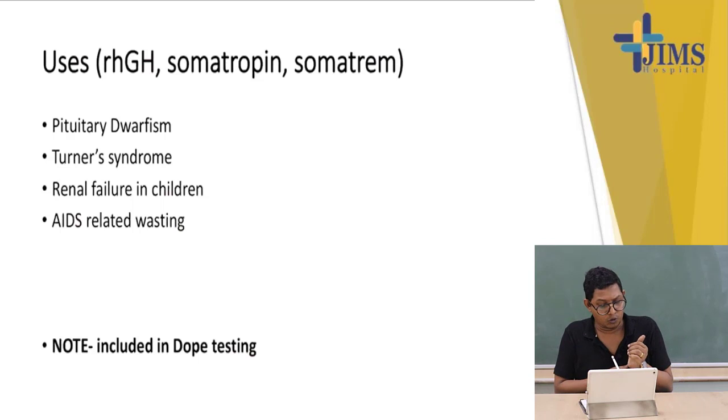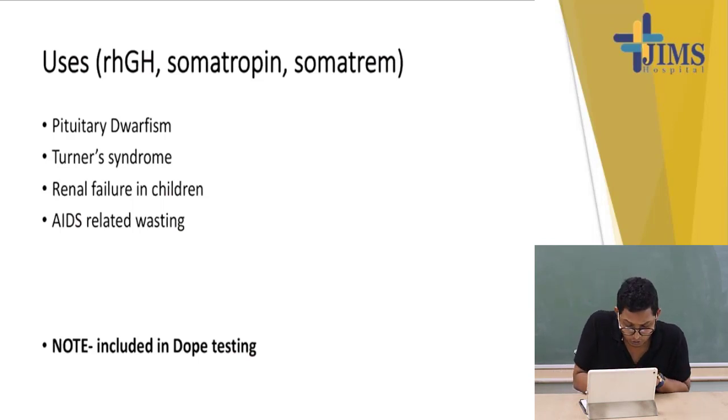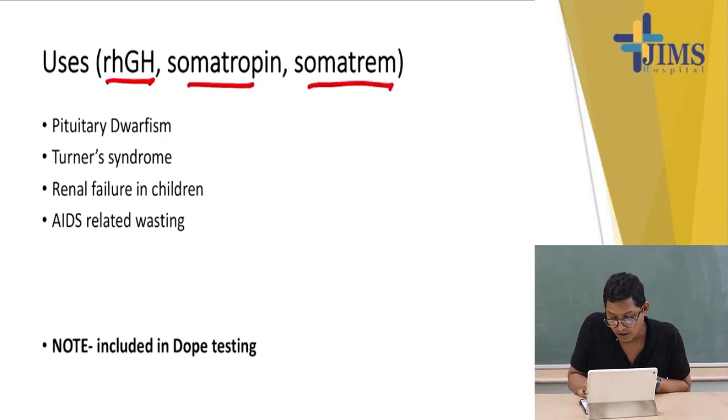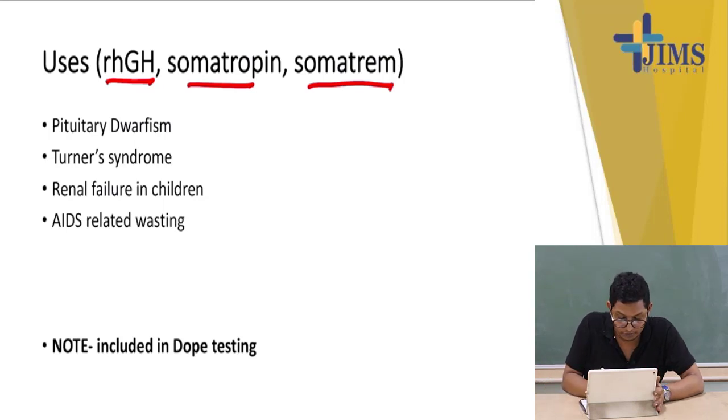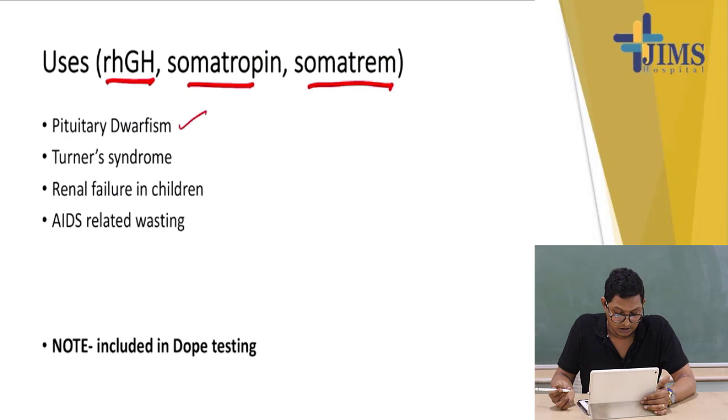Different preparations of growth hormone available to us are recombinant growth hormone, somatropin and somatrem. They are used in pituitary dwarfism. Now, they can only be used to promote growth if the epiphyses are open.